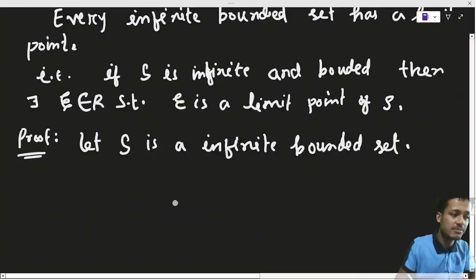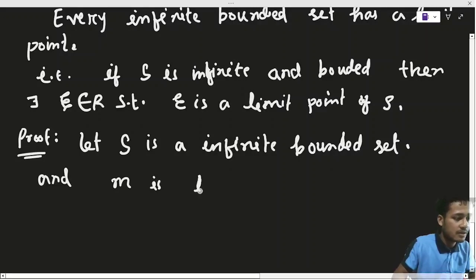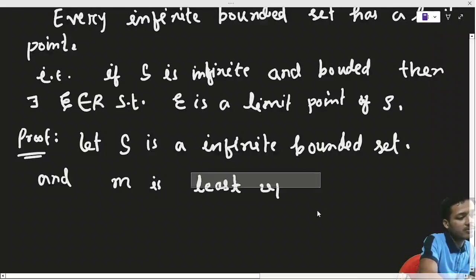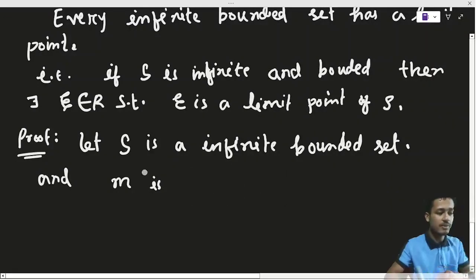Let small m be the least upper bound, that means small m is the supremum. हम लिखते हैं small m is supremum.